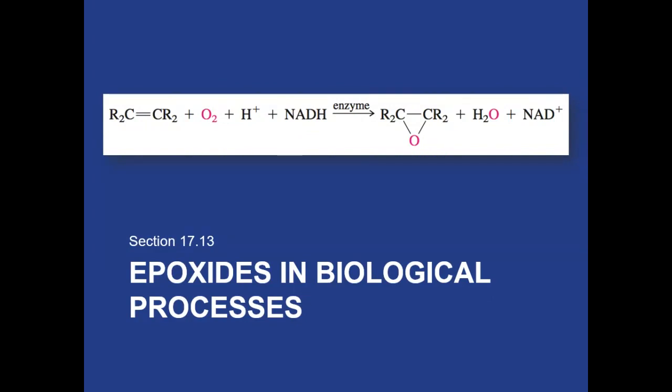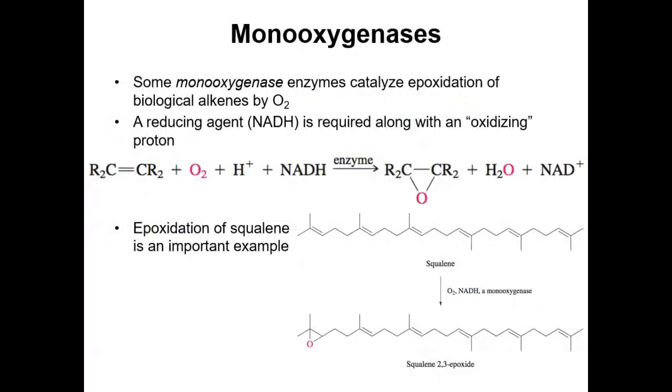If not, let's look at some epoxides in biological processes. So the epoxidation of alkenes depends on whether you want to do it in one step or two steps. If you want one step, you can treat it with a peroxy acid.